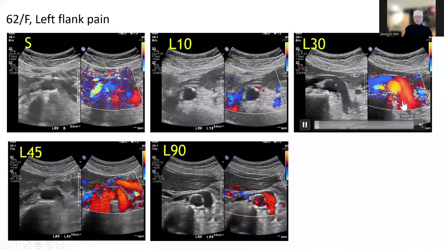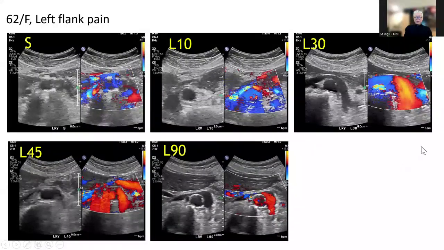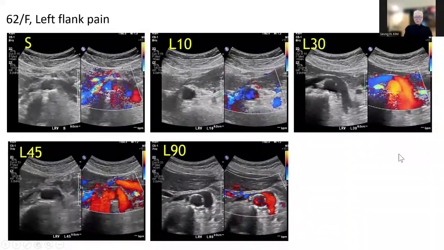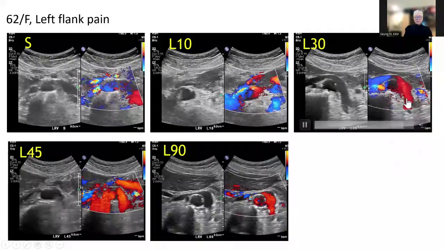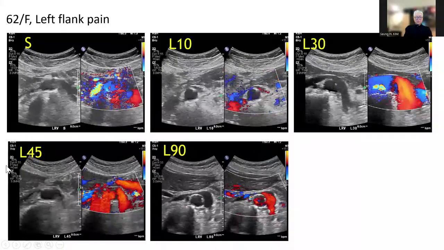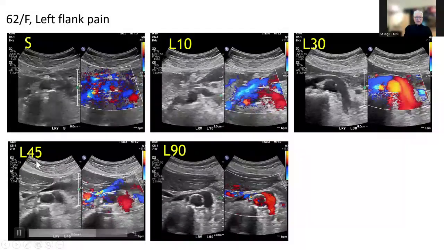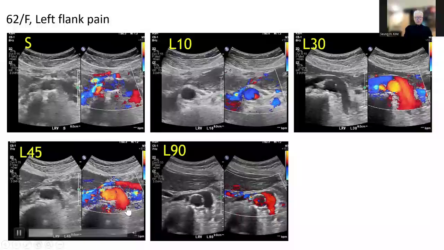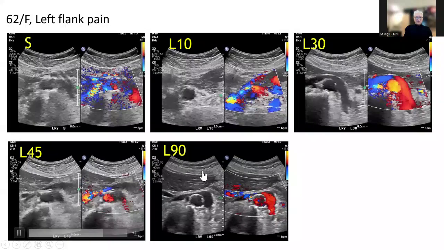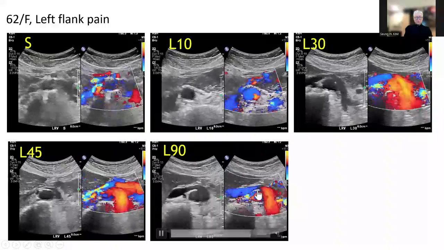So in this posture, probably the left renal venous pressure will be much lower than the venous pressure in the supine position. This is the left 45-degree rotation with smooth flow, and 90-degree left side rotation, also smooth flow.